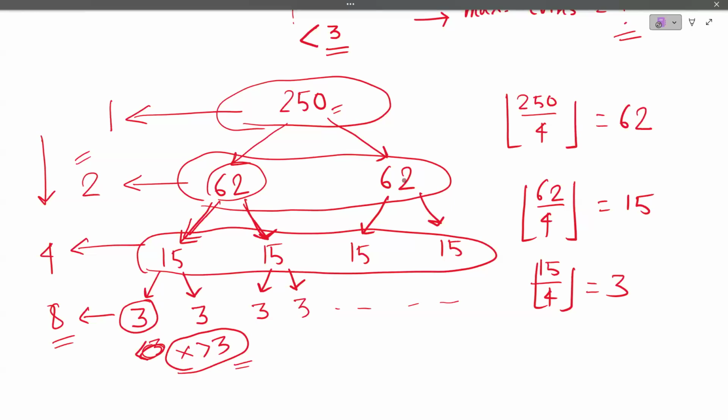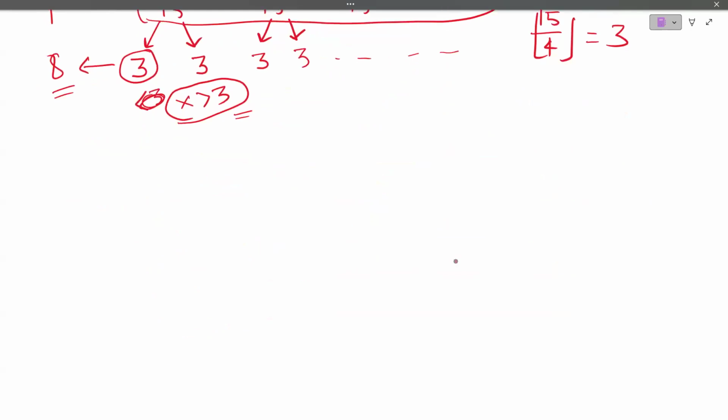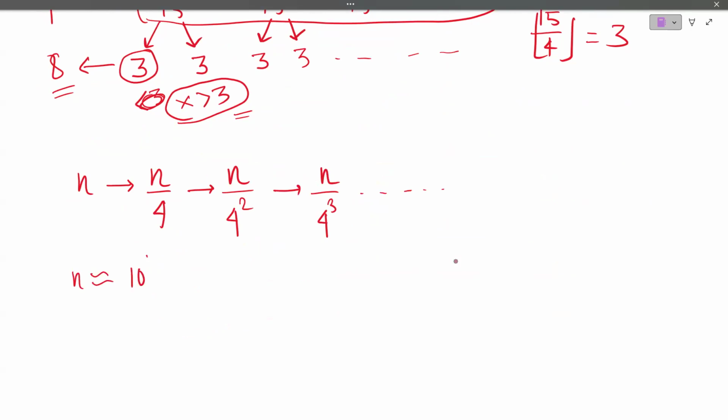And the beautiful part about this solution is that we can actually simulate it, because if I have a value of n, at every operation the value of n gets divided by 4, right? So it becomes n by 4 here, then it becomes n by 4 square, then it becomes n by 4 cube. And what is the maximum value of n? N can be at max 10 to the power 18, right?